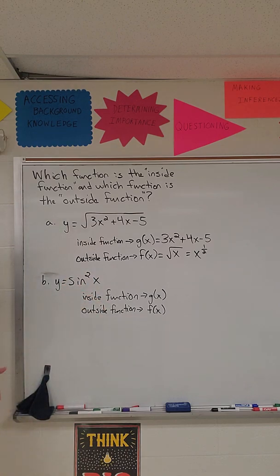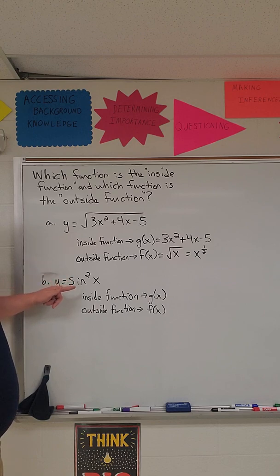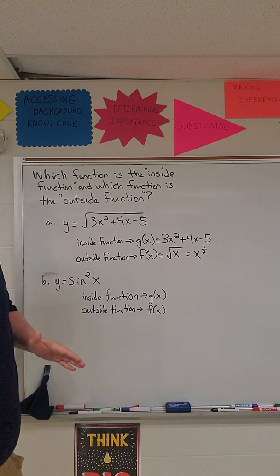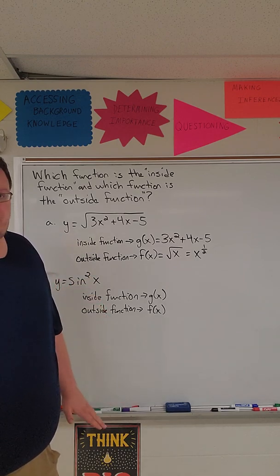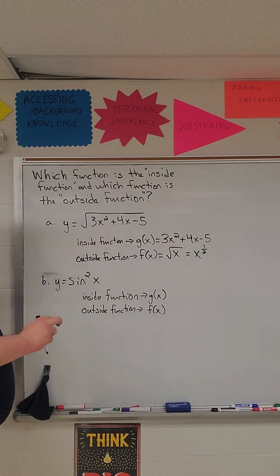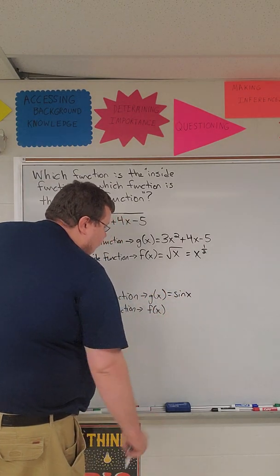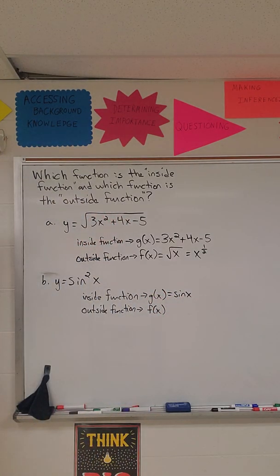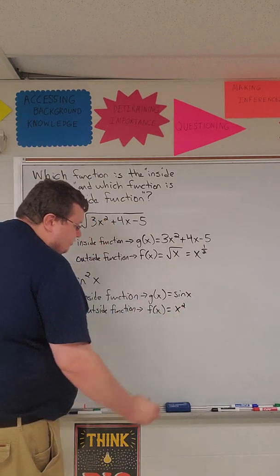But you have to think about this intuitively just a little bit, okay? Really, this is sine of x squared. This is sine of x times sine of x. It's the sine x function being squared. So really, the inside function for this one is sine of x. And it's being plugged into a squared function like x squared.